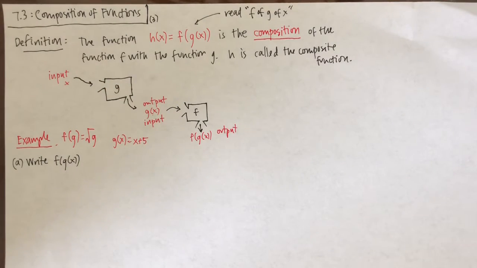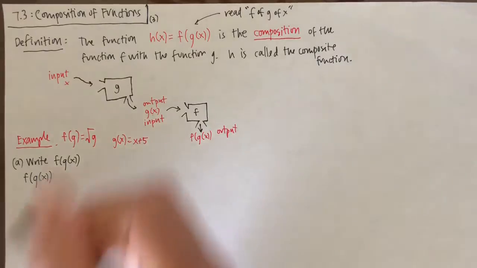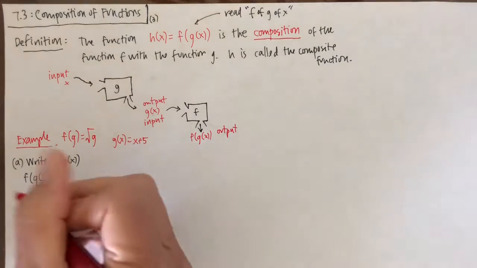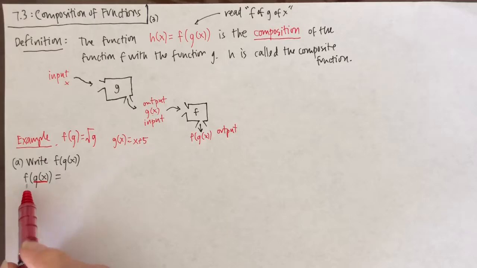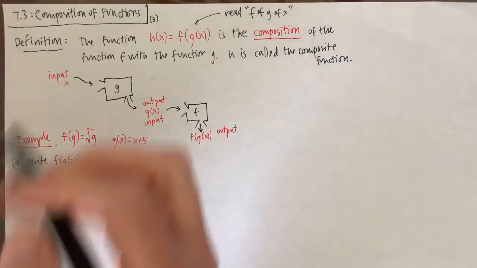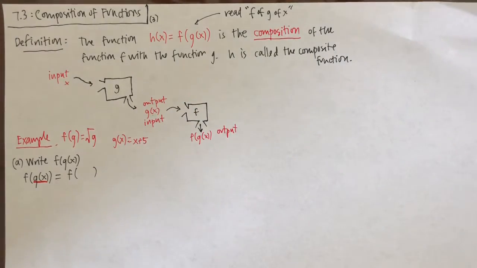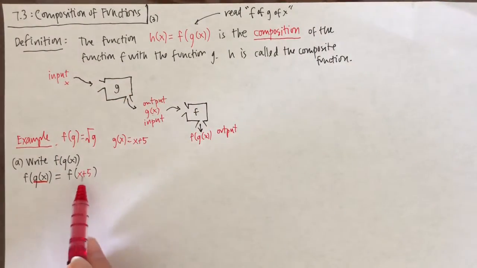Okay, so we have the two functions here. So f of g of x is going to be, we'll start from the inside. We want to think of putting the function g into the function f. So this is literally equal to f of x plus 5, because this is what g of x is.